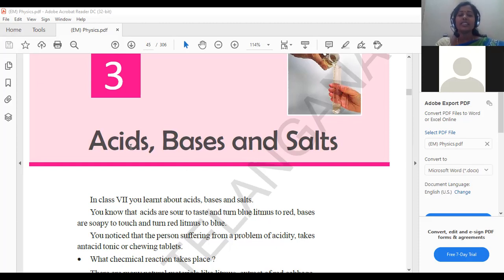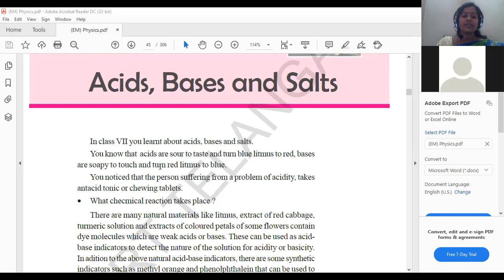When we consider acids under Arrhenius conditions, the compound which releases H plus ions is called an acid. According to Arrhenius, a base is nothing but an OH minus donor. The species able to release OH minus ions is called a base. Okay, so this is about Arrhenius acids and bases.